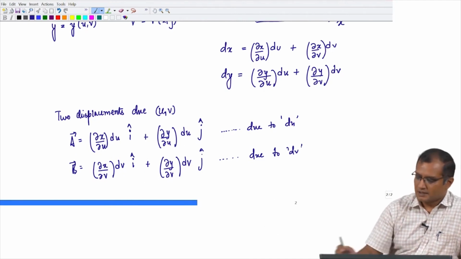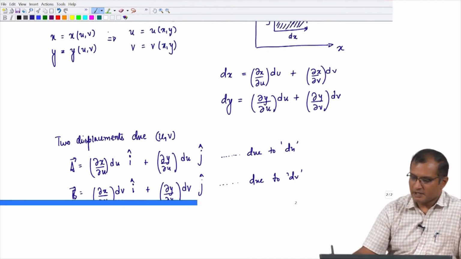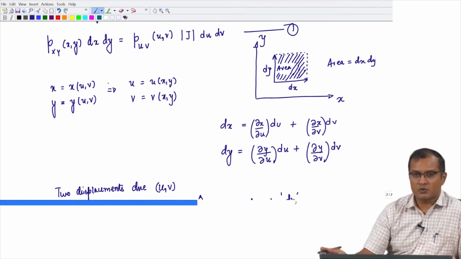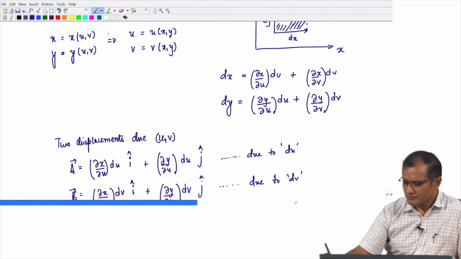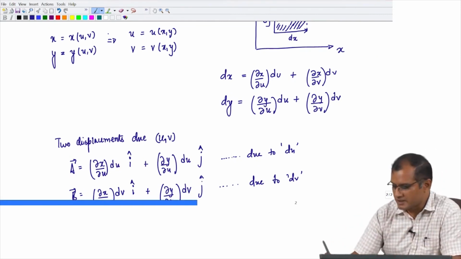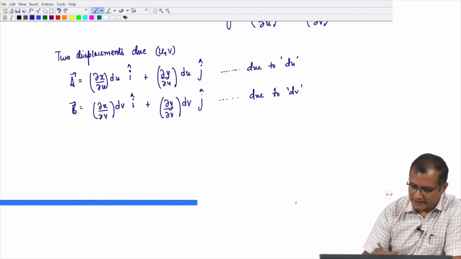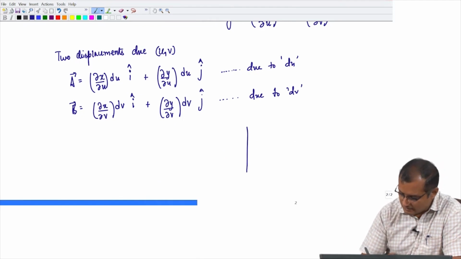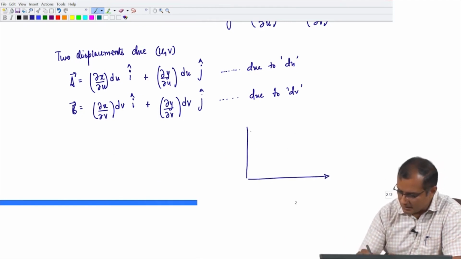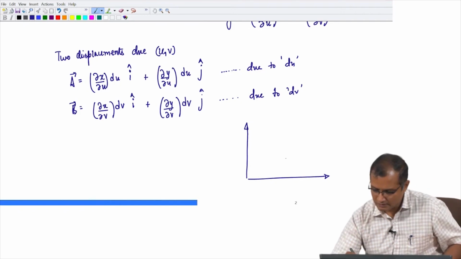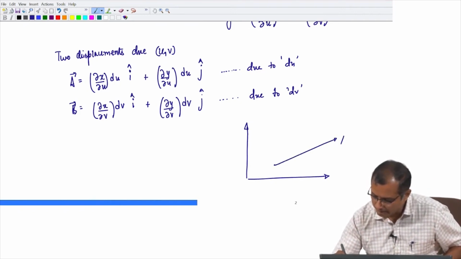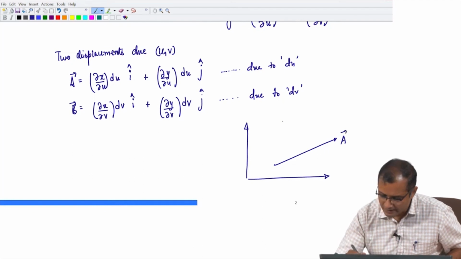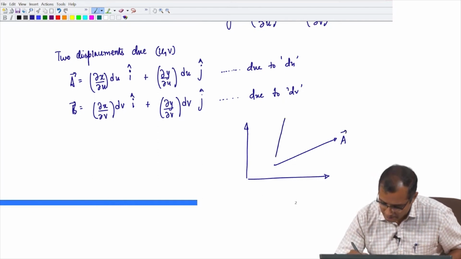Okay. And similar to this area that was swept by the total region dx dy, I can consider the displacement vectors A and B, the corresponding vectors. So, this is my vector A and this is my vector B. Their full forms are written already here.